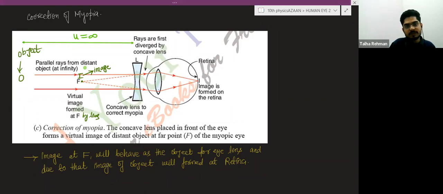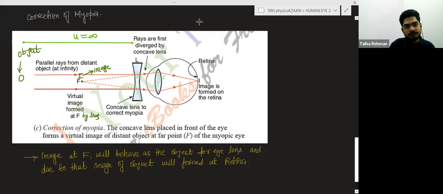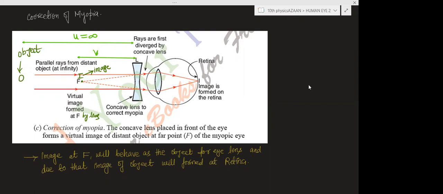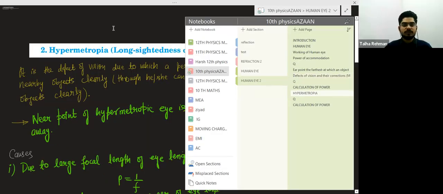So this will be the image distance, the far point of the eye. This is V. So this will be used when we calculate the power. So remember, for the correction of the myopia, the image distance is the far point of the myopic eye, and the object distance is infinity. Okay, so note down this.